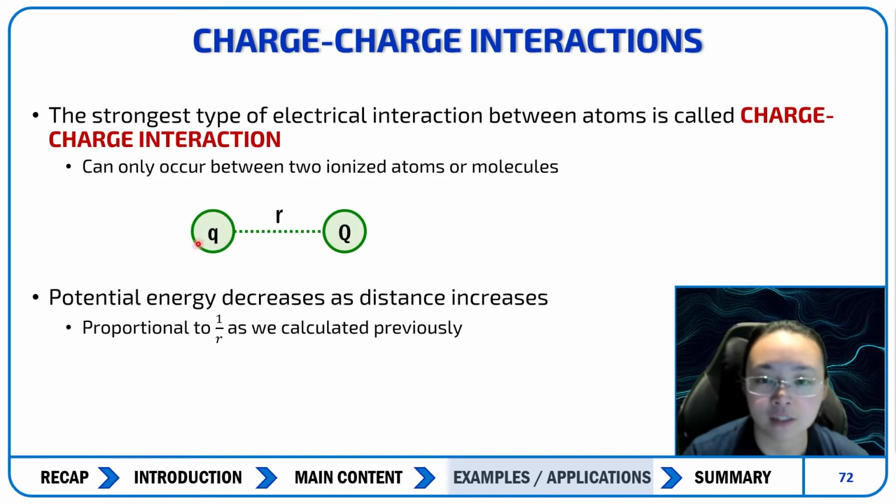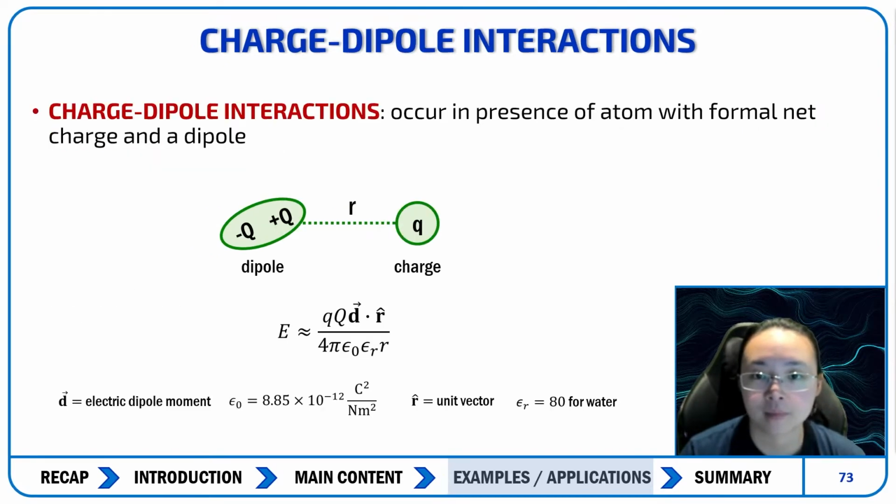So that means you have a little q and a big Q and a distance r in between, and that's simply Coulomb's law. Potential energy will decrease as the distance increases, proportional to 1 over r, based on V equals kQ over r. If you have a charge and a dipole interaction, we now can consider one of the molecules a point charge and the other molecule a dipole.